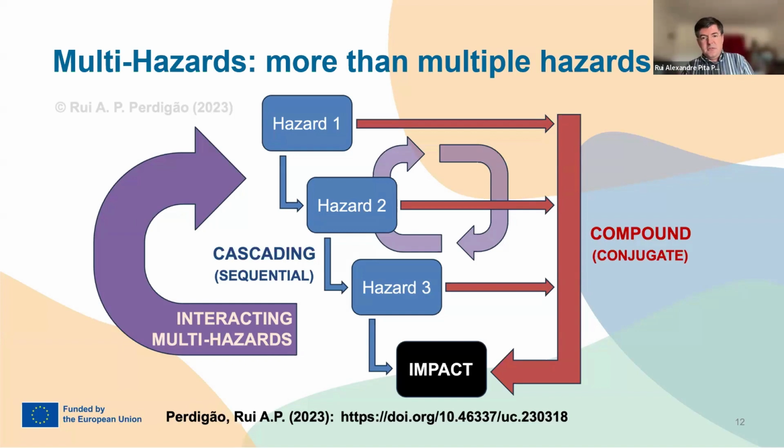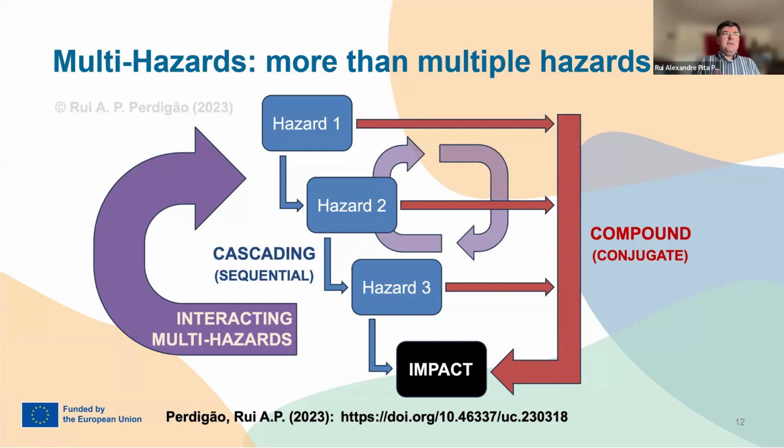Then you have the compound, where you have the conjunction or synergetic effect of different things happening together in space and time. So essentially collocated, they together compound to yield an impact. For instance, imagine you have a big earthquake and a dam break; you have a bit of a cascade there as well.